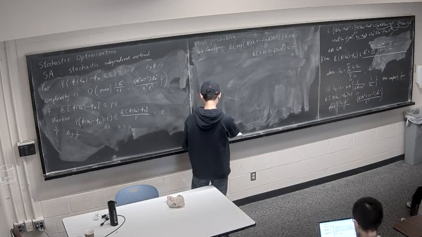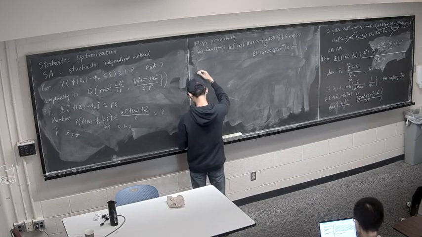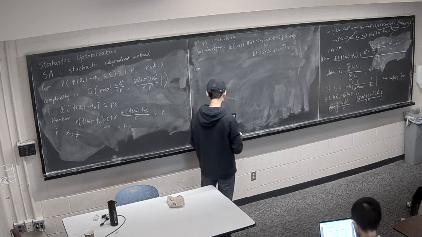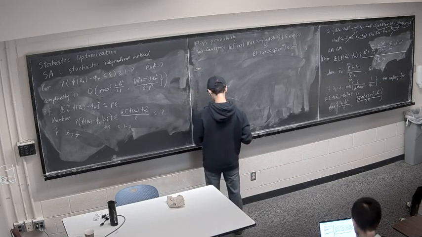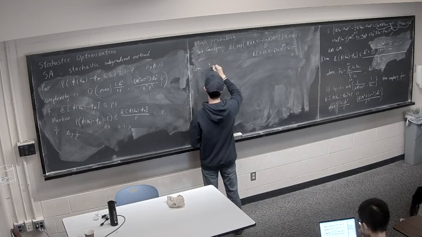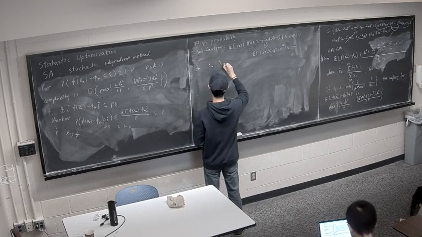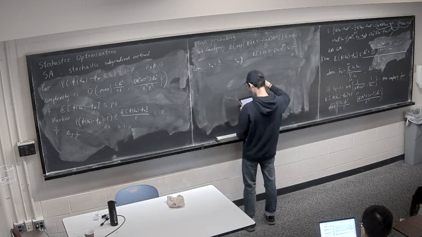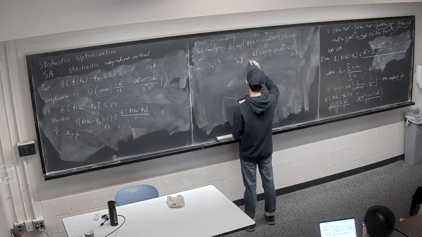Before we show the high probability result, we need the following lemma. I will skip the proof, but I have the complete proof in the notes. So c_k is a sequence of IID random variables.